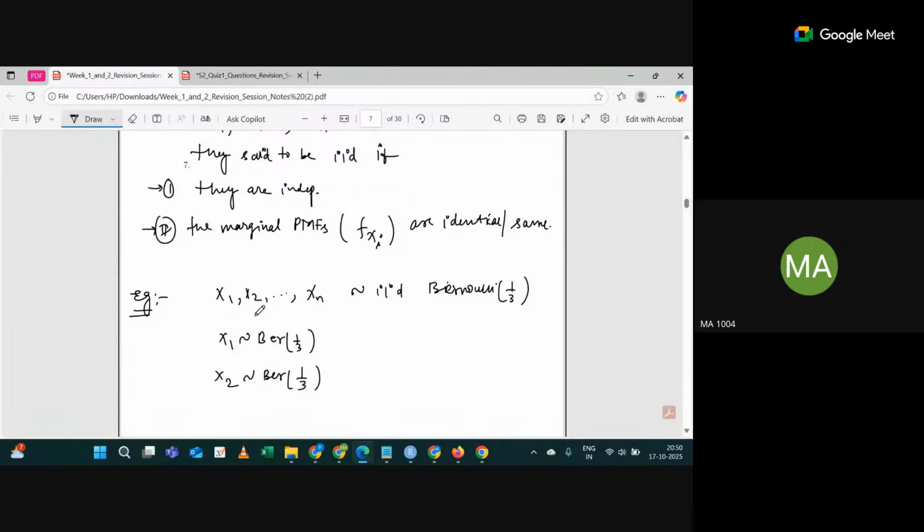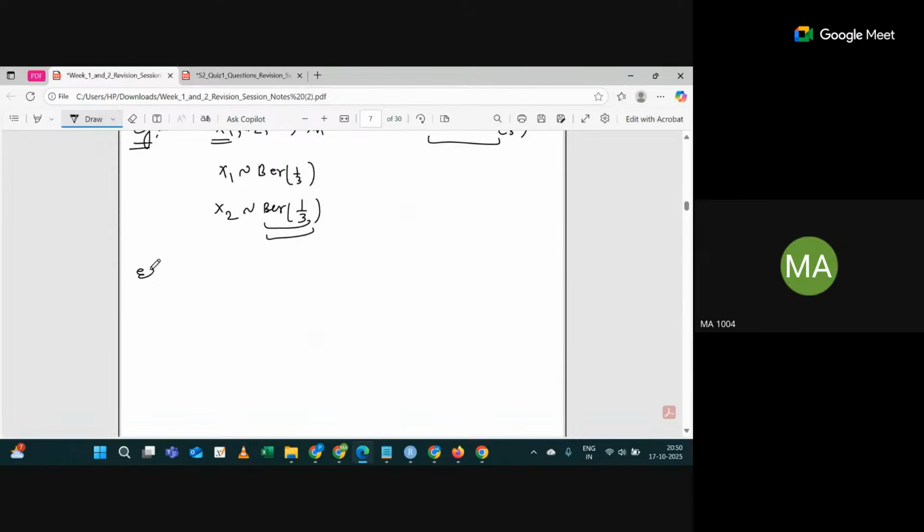These are independent as well as identical. Identical means each random variable is from Bernoulli 1/3. I'm not saying x1 is from one distribution and x2 is from some different distribution. Is this clear?